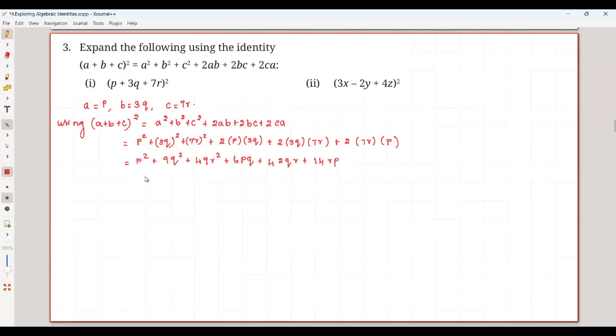Okay, now p square plus 9q square plus 49r square plus 6pq plus 42qr plus 14rp. So now this is the answer.